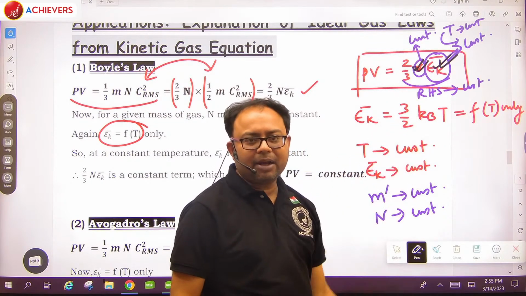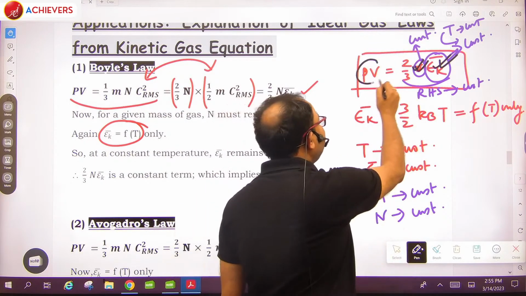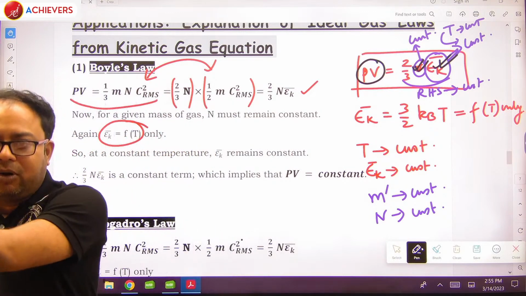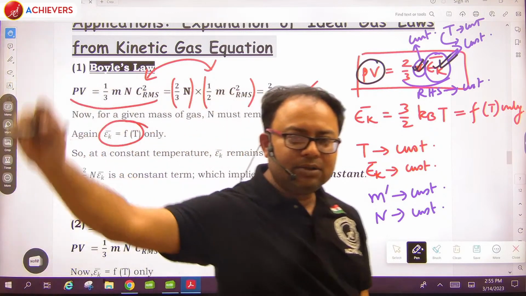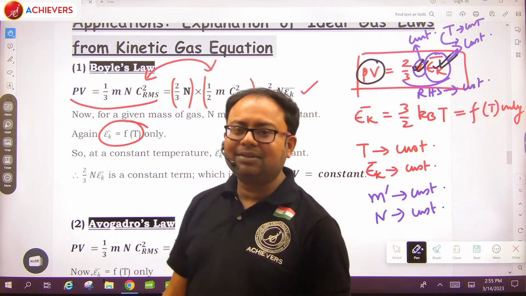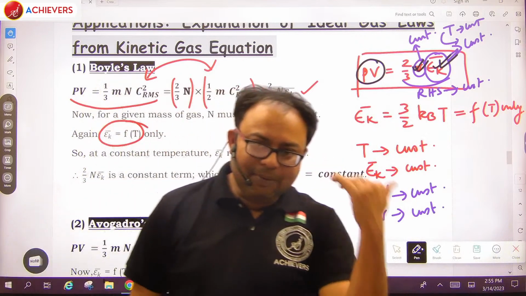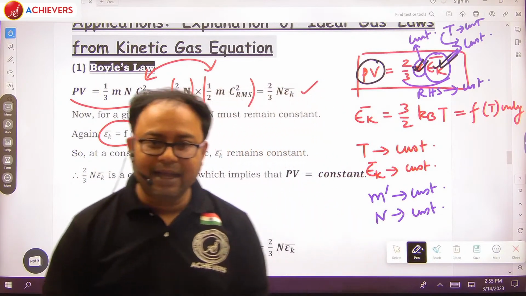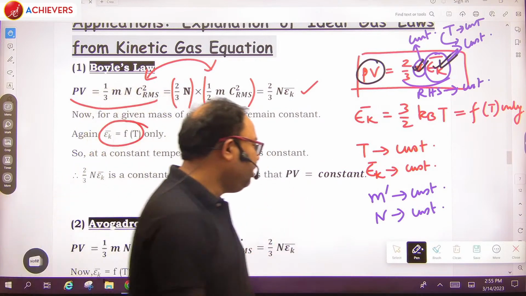So the right hand side becomes constant. That makes PV constant, and that is nothing but Boyle's law: P1 V1 equal to P2 V2 equal to P3 V3, and so on. So in this guise, we have justified Boyle's law out of the kinetic gas equation. So this was our first application.